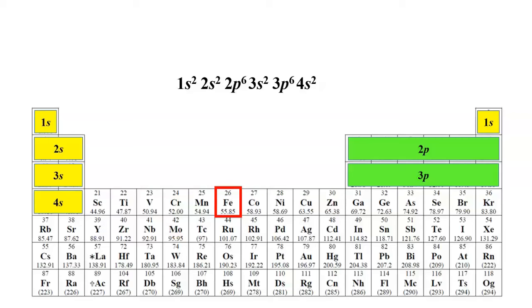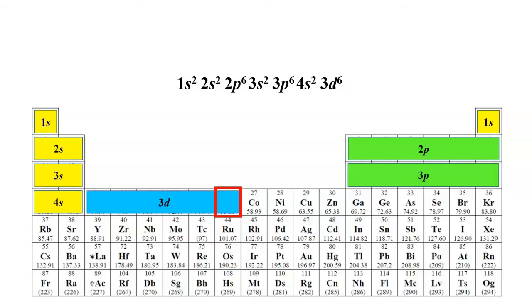So even though we're in the fourth row of the periodic table, this section would be 3d. And we're not going all the way to the end of that section. That would be 3d10. We're only going to where iron is, and it's going to be 6. So it's 3d6. So that finishes off the complete electron configuration for the element iron.